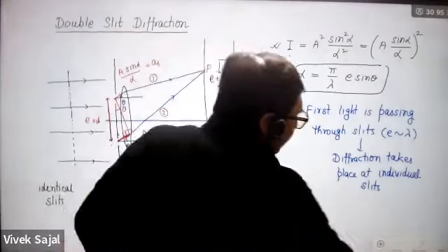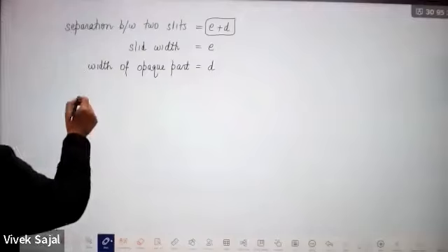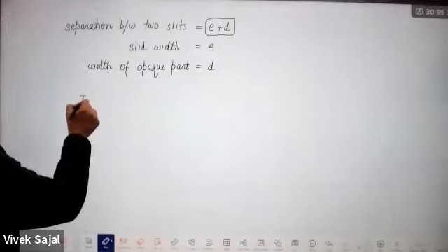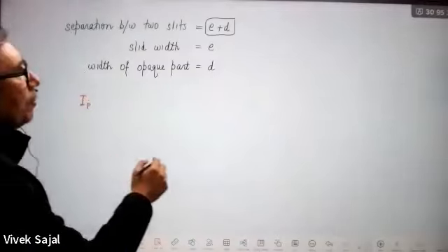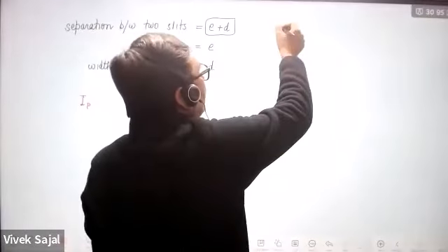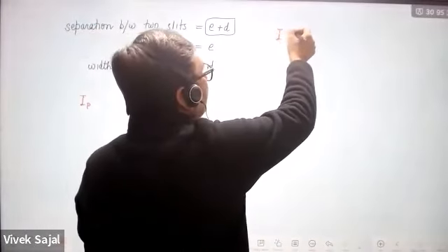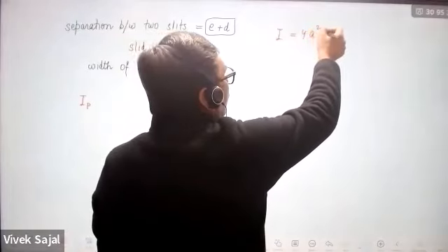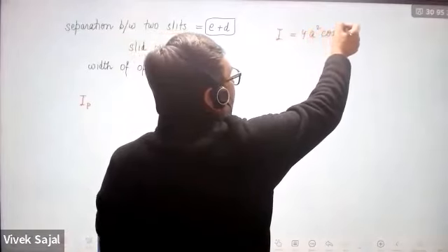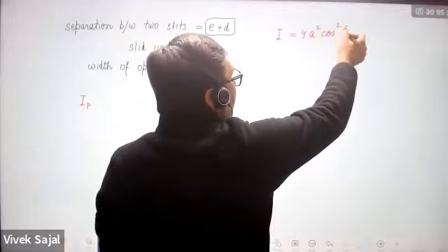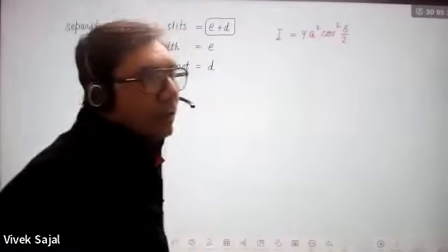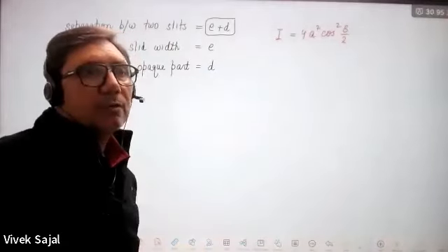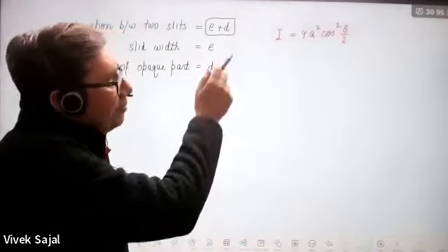That will be the intensity at point P. What is the formula of intensity due to interference? That is actually 4A square cos square delta by 2, if the amplitude of both the coherent lights is equal.